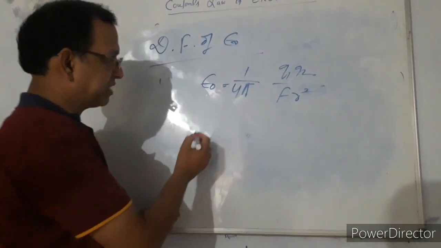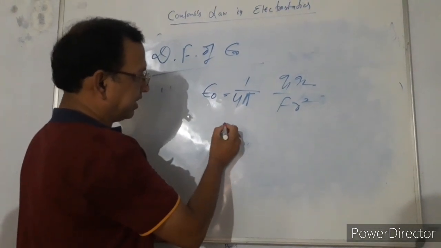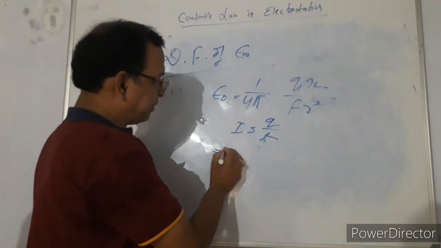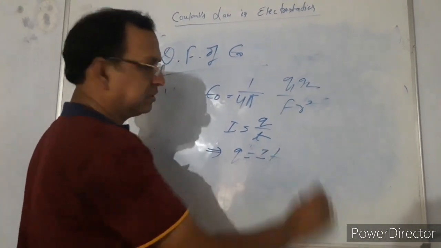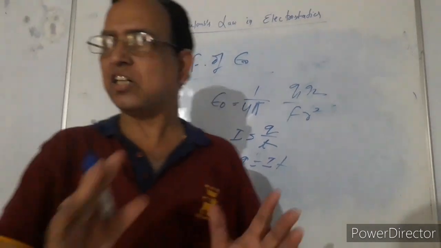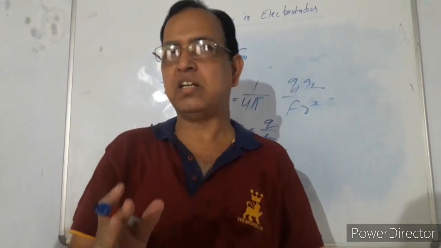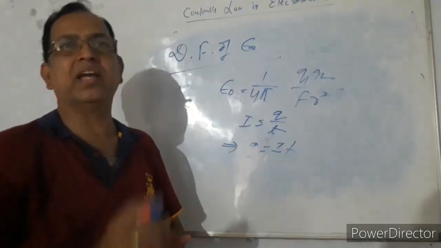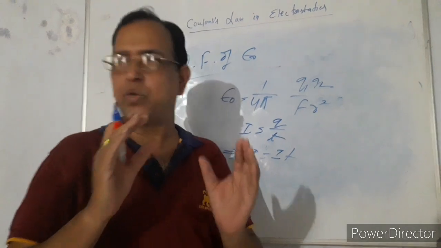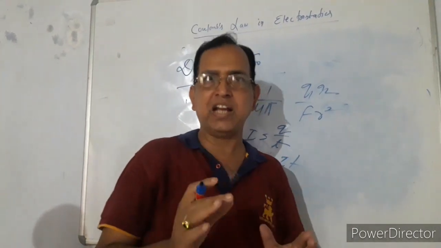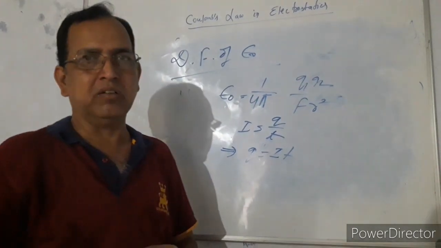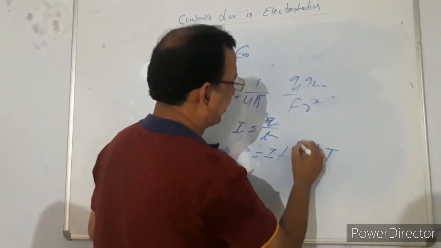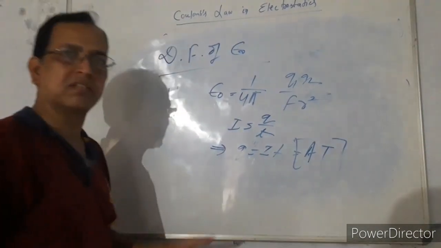We know that current I is equal to Q by T. So this implies Q is equal to IT. I is the current. What is the dimensional formula of the current? That is equal to A. Why? The unit of current is ampere, first letter is A. So the dimensional formula of current is A, and of charge is AT.